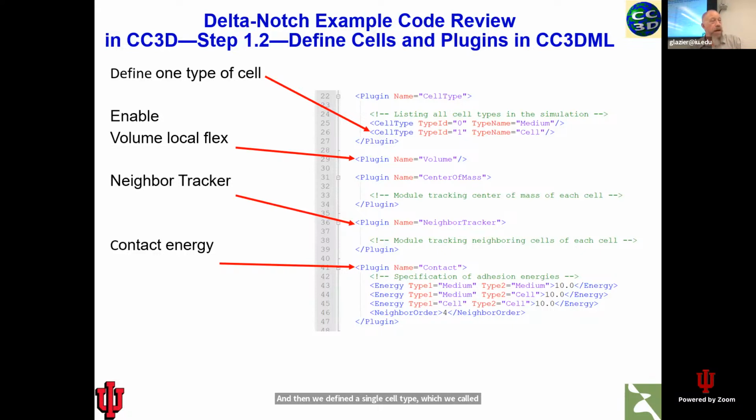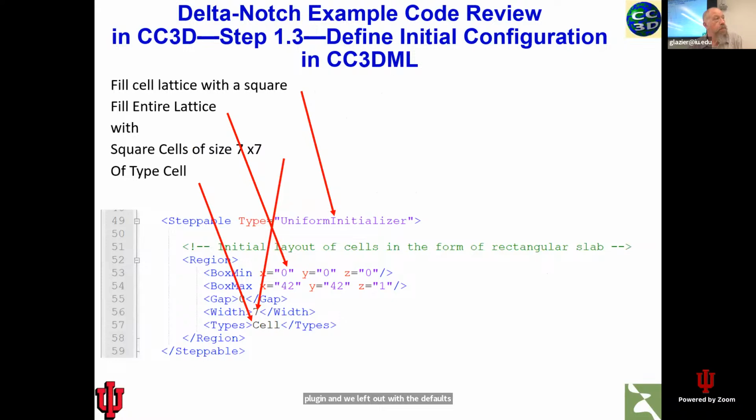Center of mass tracking, we added that neighbor tracker plugin, which will allow us to return the identity of the neighbors in the area of contact. If you loaded the surface constraint, that would also do the same thing. And then we had the contact plugin, and we left that with the defaults. Then we used a uniform initializer to fill the entire area with cells of 7 by 7.